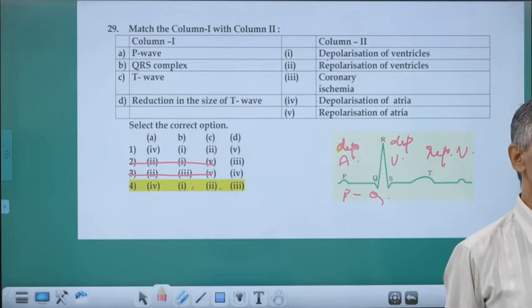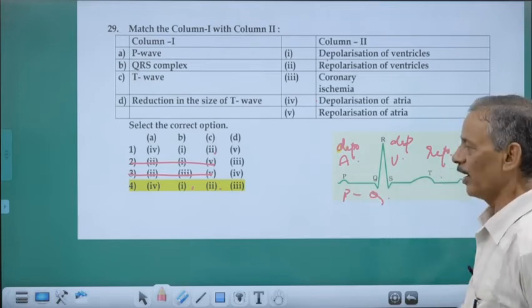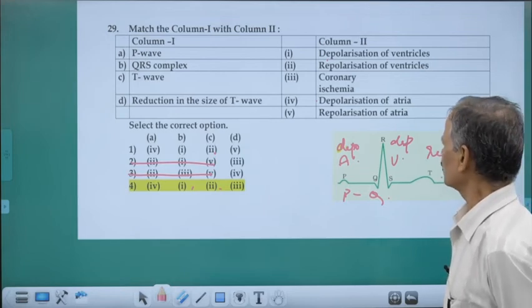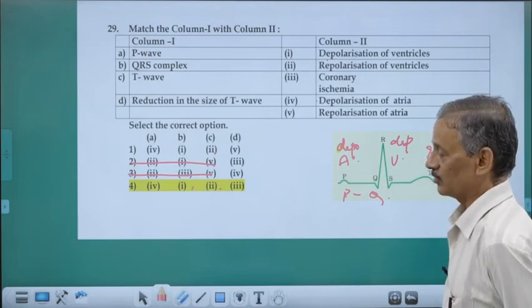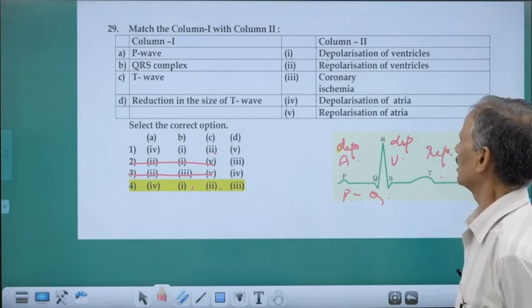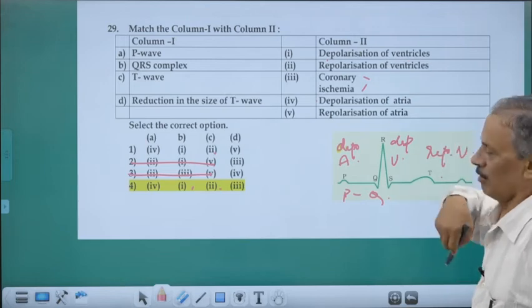There may be so many reasons why there may be an increase in the PQ interval. But the T wave is not of the normal size, which means it is not dilating back to the normal size. He is suffering from coronary ischemia.